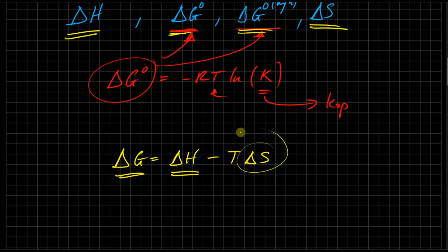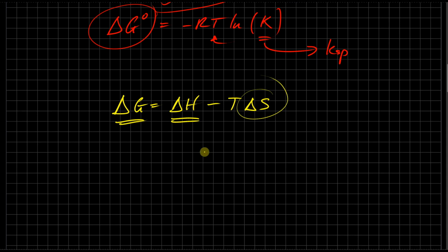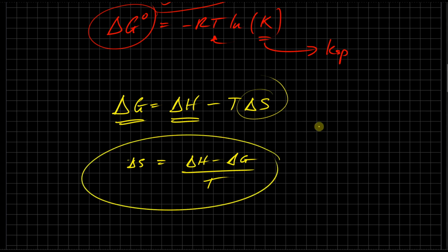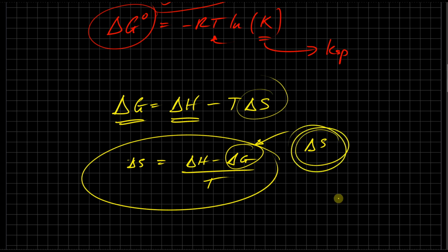So we can calculate delta S, and just to rewrite this equation, T delta S is equal to delta H minus delta G. So delta S will be all of this divided by T, if my math is correct. I hope so. So you'll actually be able to calculate two delta S this way, one where you use the low temperature delta G and one where you use the high temperature delta G. But those two numbers should work out to be very similar to each other, so you can just report the average of those two numbers.